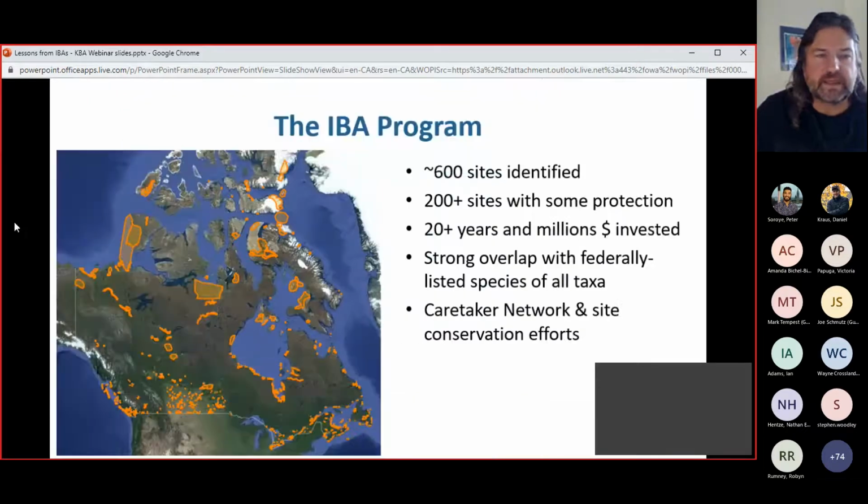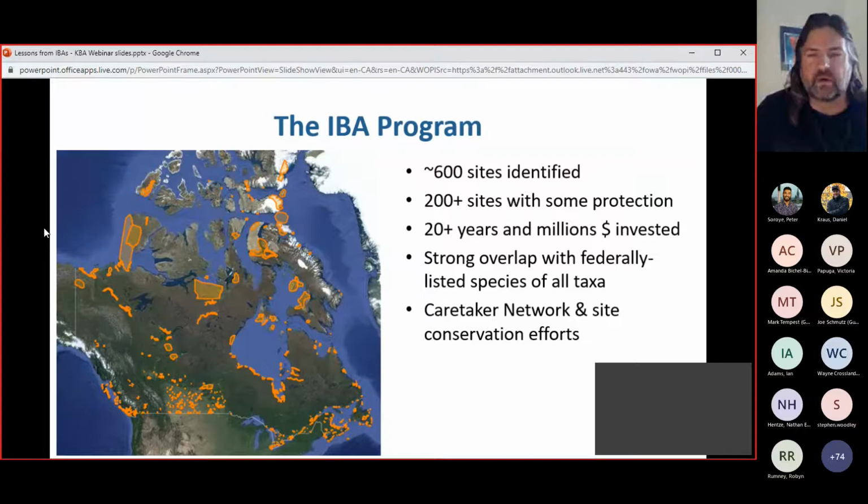So looking at Canada then, we have identified approximately 600 sites. 200 or more of those have some sort of formal protection. This does not include things like OECMs or other types of stewardship occurring at sites, but 200 have some kind of formalized protection. Again, 20 plus years of work at IBAs, millions of dollars invested.